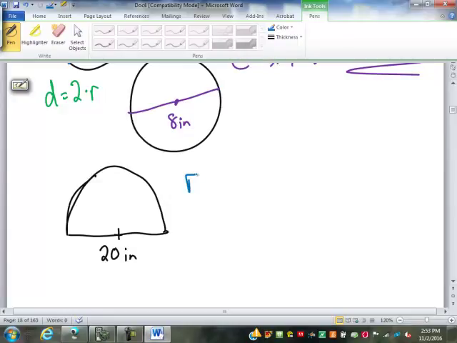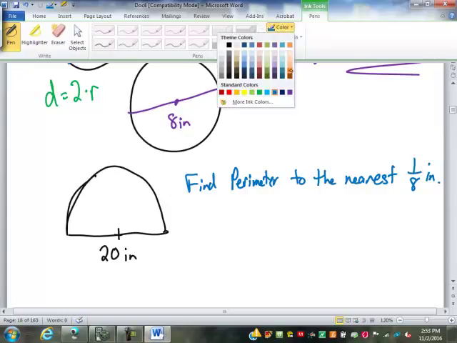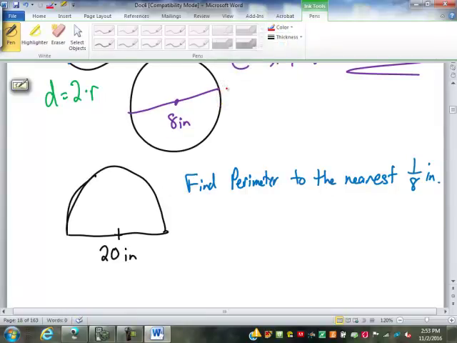I want to find the perimeter, and I'm going to go to the nearest eighth inch. Well, to find the perimeter, there's 2 pieces here that I need to do. I need to do the half circle. Then I need to do this straight edge across the diameter.